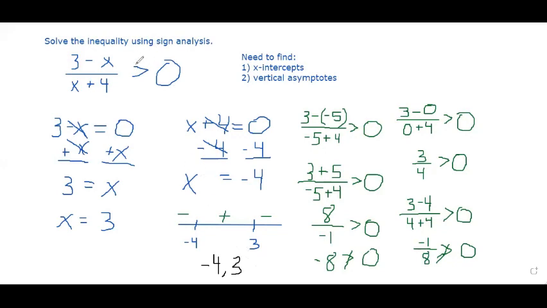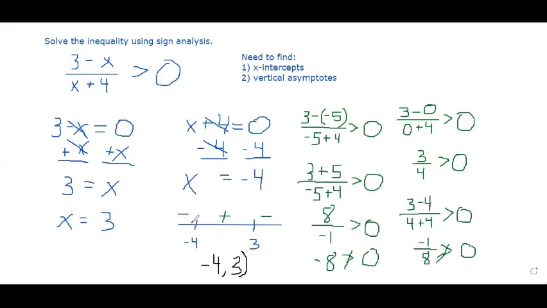So we see here that we're dealing with greater than 0. Since it's greater than, we know it cannot equal 0. And we already know that the function equals 0 when x is equal to 3. So basically we know that we're not including the 3. So we can go ahead and put a parenthesis here.